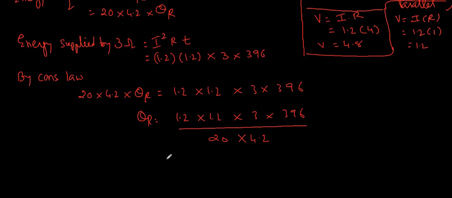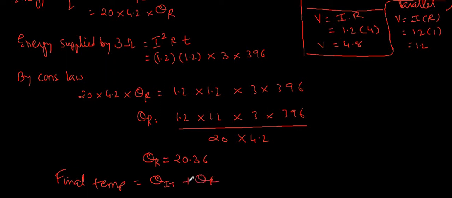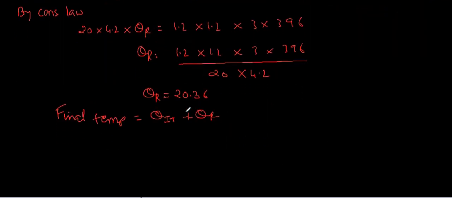If you calculate, you get 20.36. So this is θR. Final temperature is equal to initial temperature plus θR, so 20 plus 20.36 comes up to 40.36 degrees centigrade. This is the final temperature.